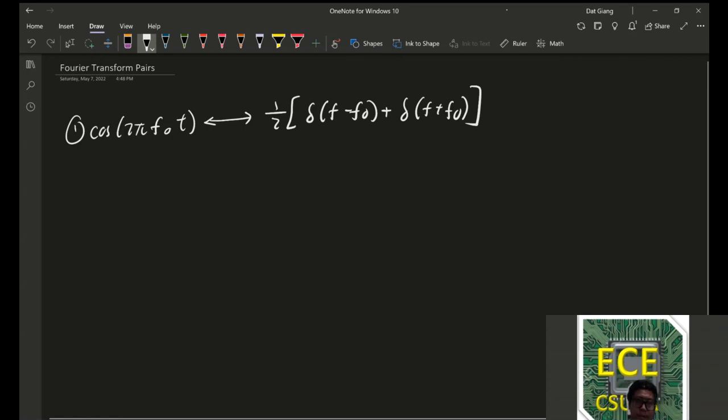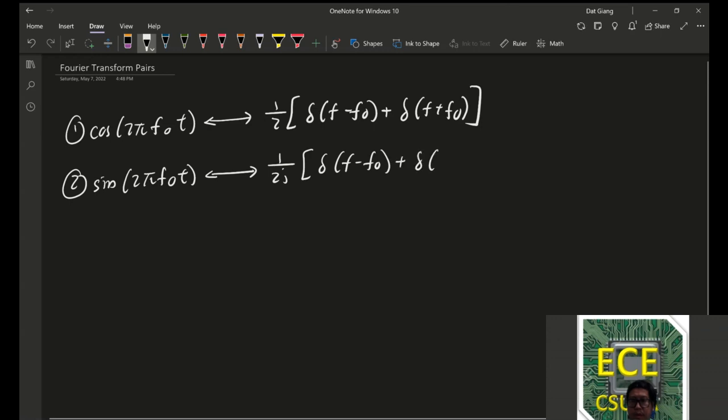This one is more commonly used compared to sine. Speaking of which, here's also the representation for sine, just to show you why: 1/(2j) [delta(f - f0) + delta(f + f0)].